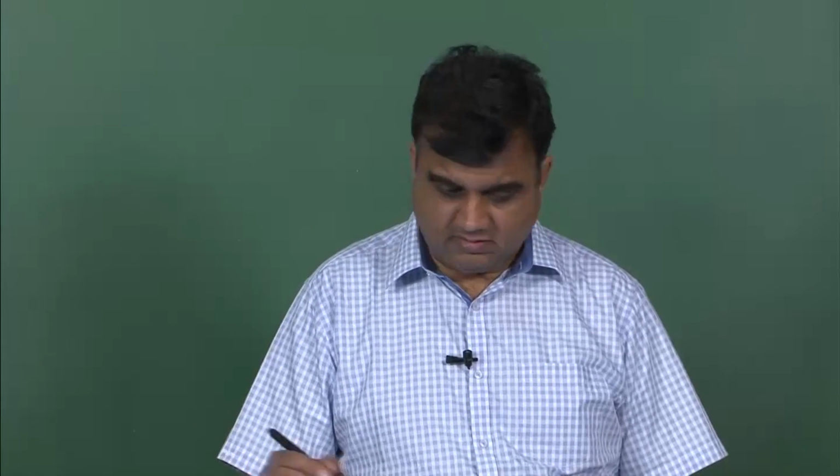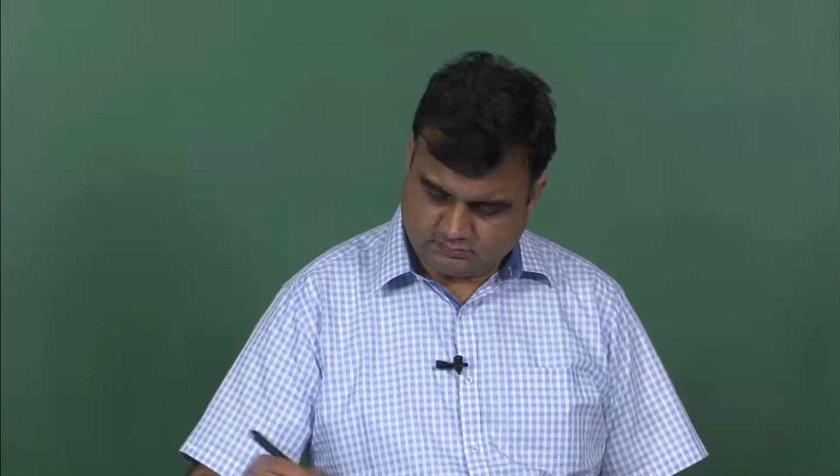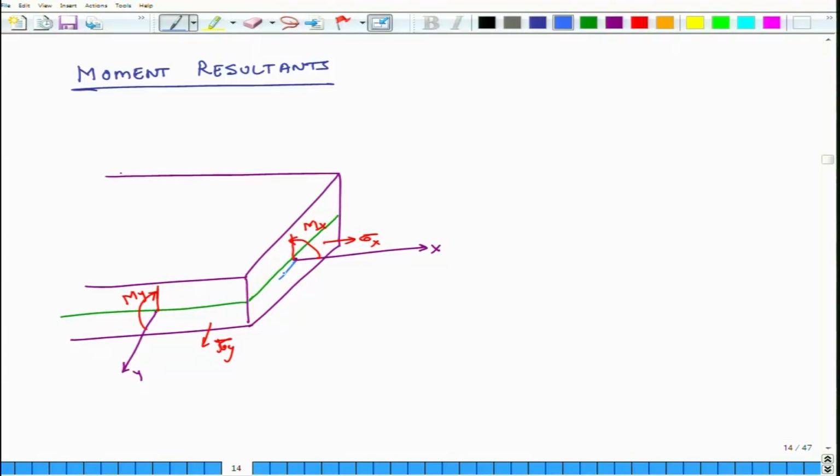And then there is a twisting component. The twisting component will look something like this. So, this is mxy, and similarly here it is like this, mxy.